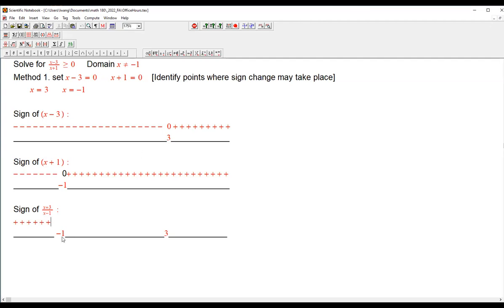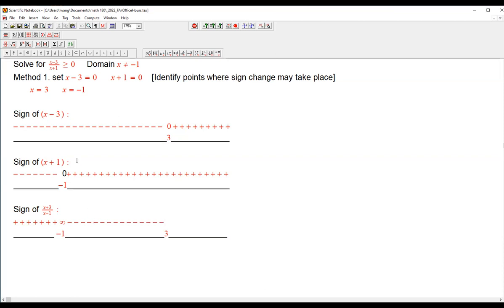But when we plug in -1 in the quotient, we encounter a dividing by 0 case. In this case you can put infinity, or if you want, divided by 0, you put infinity. So here we're going to have the positive sign. When we pick a number between -1 and 3, that's a negative divided by positive, which is going to be negative.